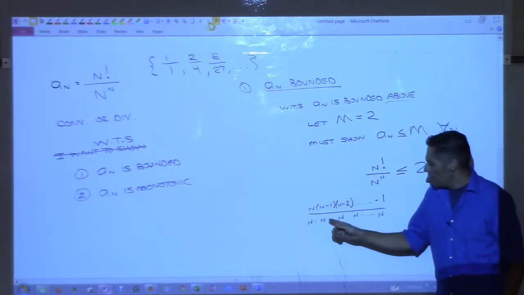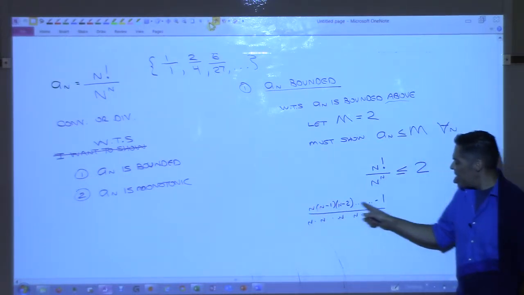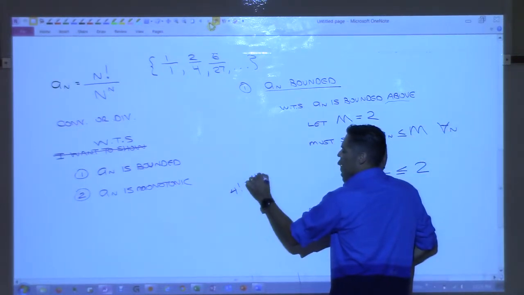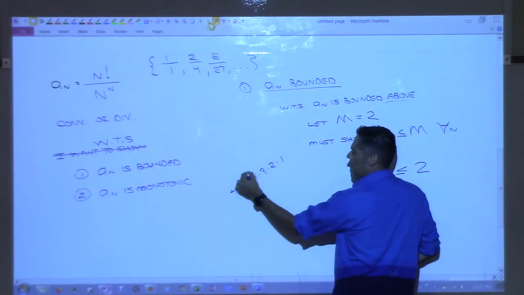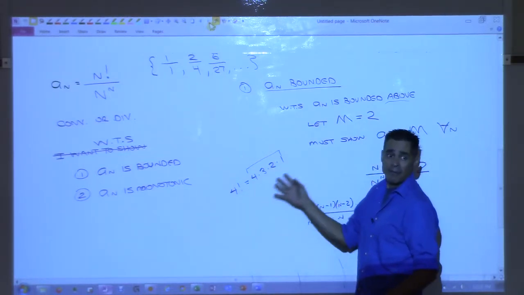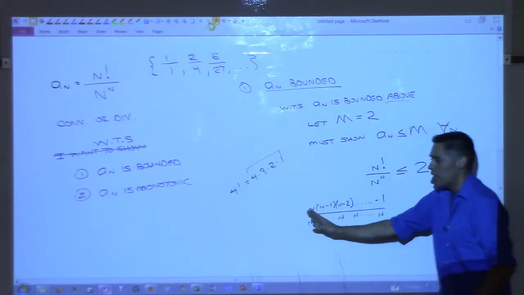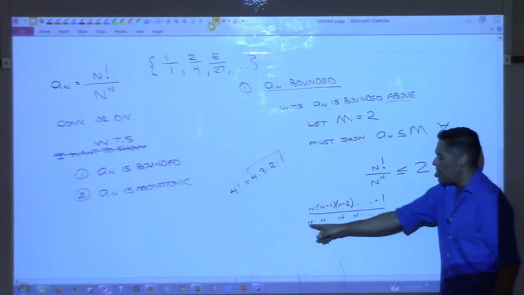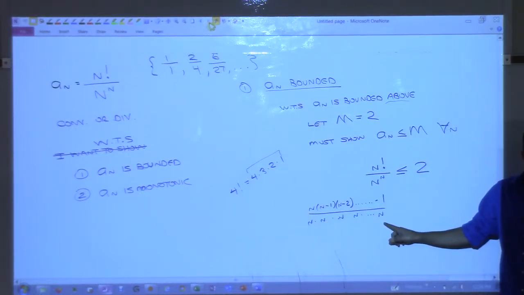Like if you were to write 4 factorial, that's 4 times 3 times 2 times 1. How many factors do I have here? I have 4 factors, right? If this was 5 factorial, I have 5 factors. If it's n factorial, how many factors do I have? n of them, right? I have n factors. And on the bottom, I have n n's.